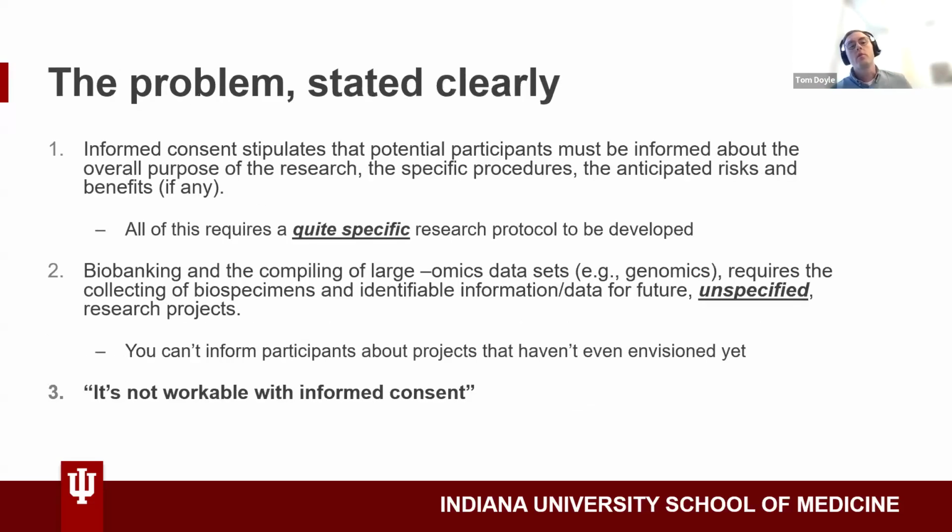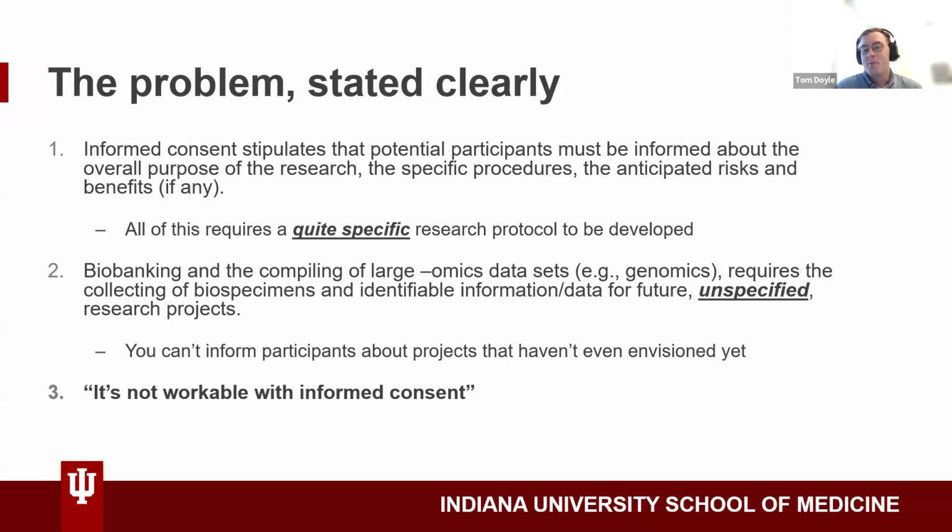So to state this problem more clearly, informed consent stipulates that the potential participants must be informed about the overall purpose of the research, the specific procedures, and the anticipated risks and benefits, if there are any. All of this requires a quite specific research protocol to already have been developed. Biobanking and the compiling of large omics-based data sets, like genomics, requires the collecting of biospecimens and identifiable information for a future unspecified research project.